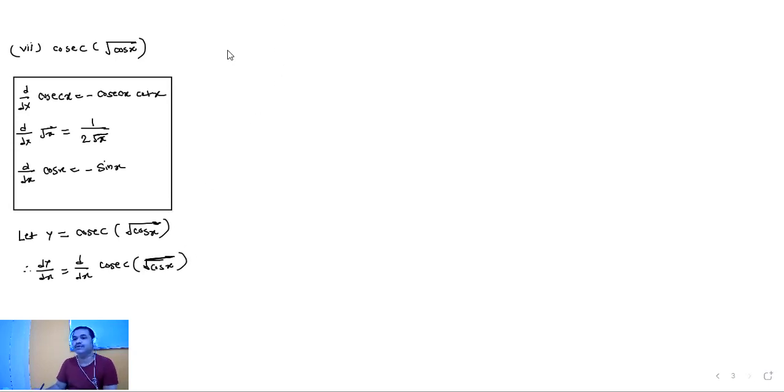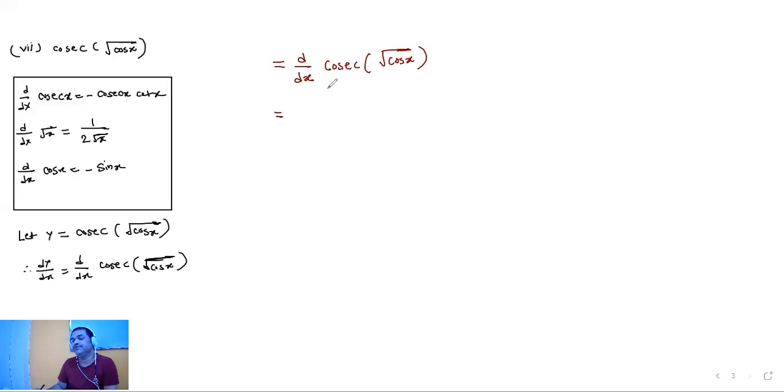Okay, so let us write it further. So this is equal to d by dx of cosec x. So we will write it again. So d by dx of cosec of root of cos of x. So here x has been replaced by root of cos of x.